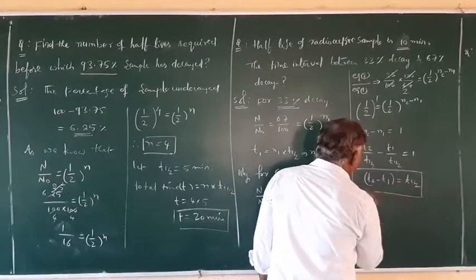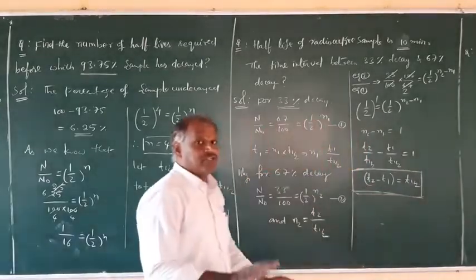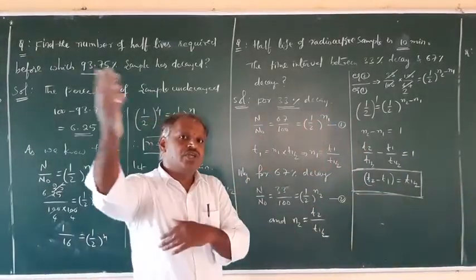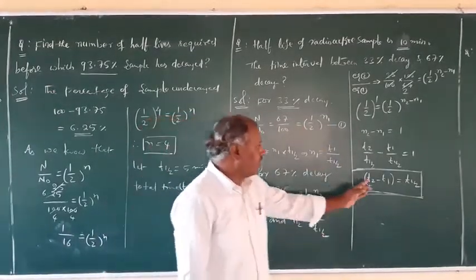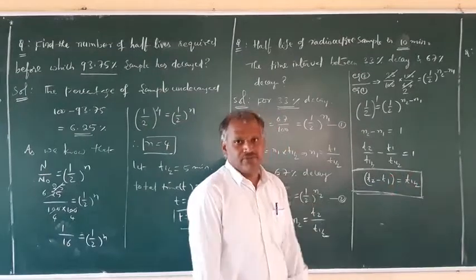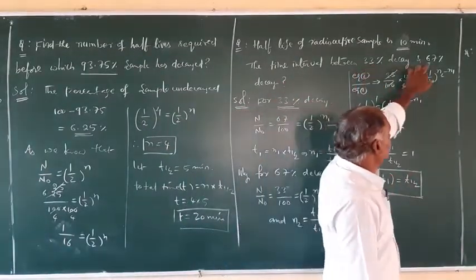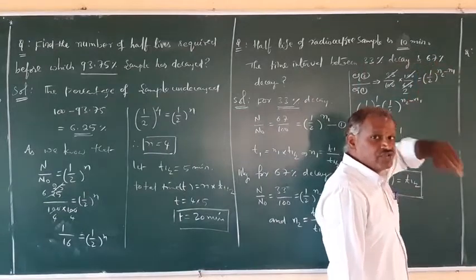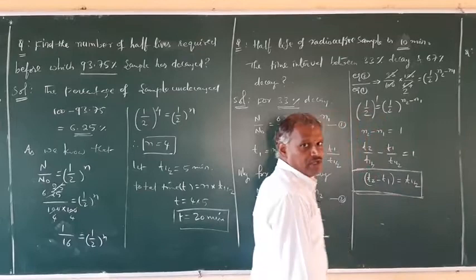That means how much time is required for the decay to change from 33% to 67%? The decay time interval required is t2 minus t1, which is nothing but t half itself. So whenever the decay changes from 33% to 67%, it takes one half-life of the radioactive sample only, right?